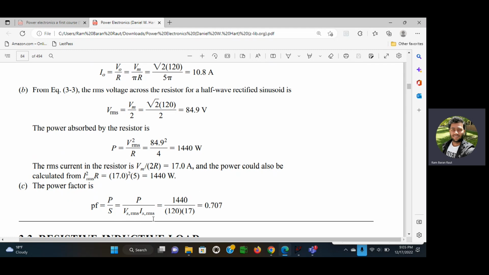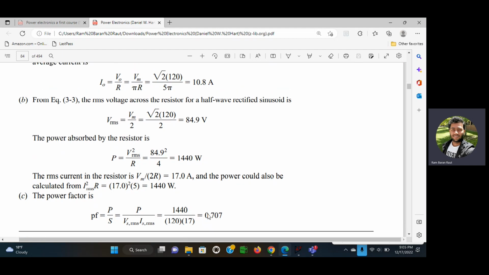V as source. So source, which is like 17. So 120 times 17, like 1.44. And divide by, and then we have VRMS 120. And we have our IRMS current for the source. We have 17, we have 16.88 exact value.